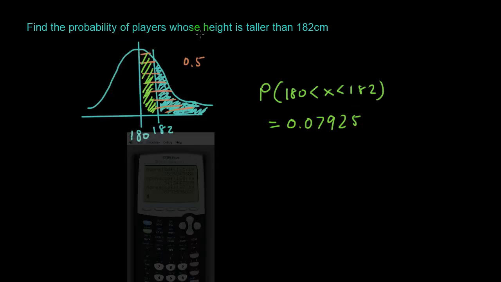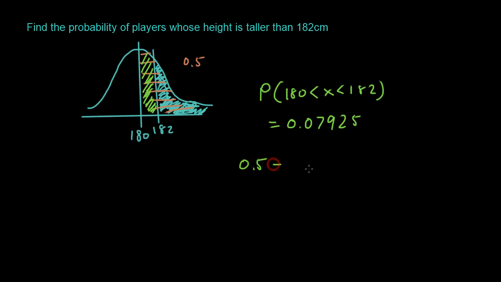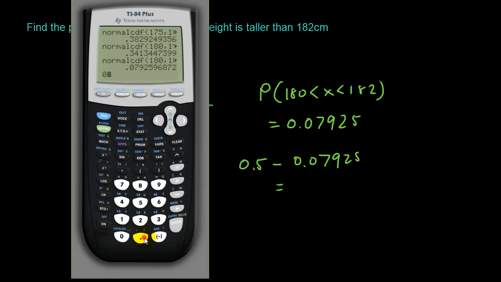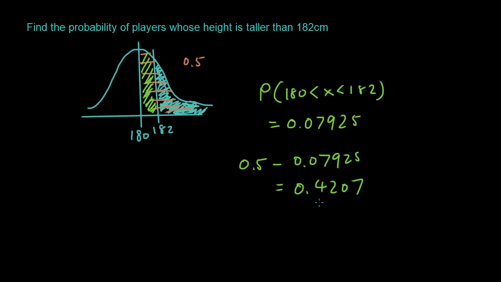So if you take that away from 0.5, 0.5 minus 0.07925, you will get 0.4207. Okay, done. I should probably have done that last bit in blue. So this bit right here is the blue bit.